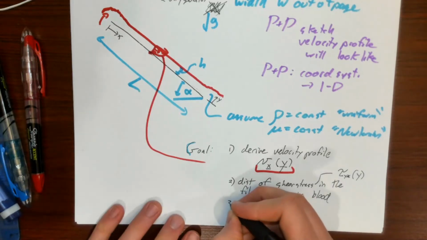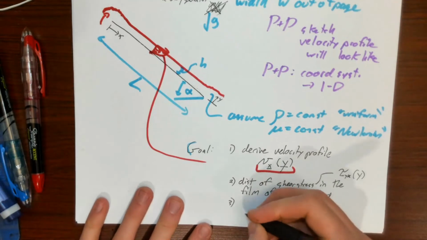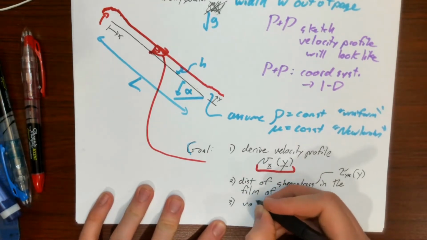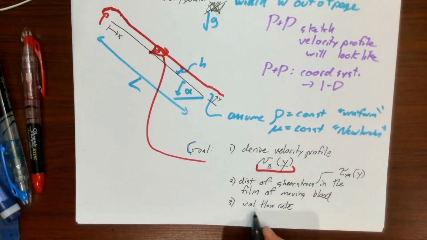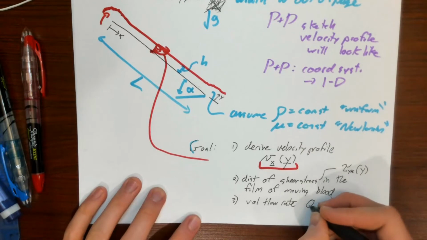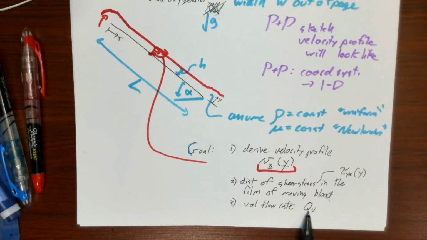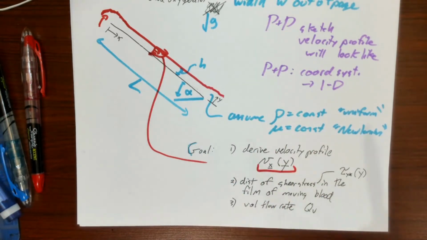Finally, one thing we might want to be able to do is, if we have this velocity profile, derive the volumetric flow rate. We might want to predict what the volumetric flow rate is for this device, right? You could imagine, if I had a relationship between volumetric flow rate and all of these known given parameters, that would be super useful, right?